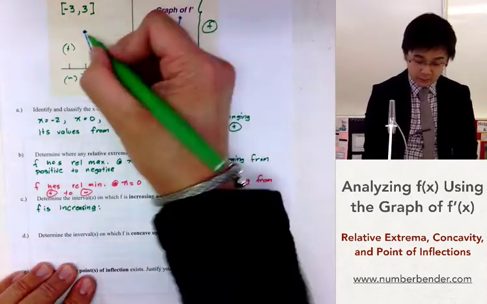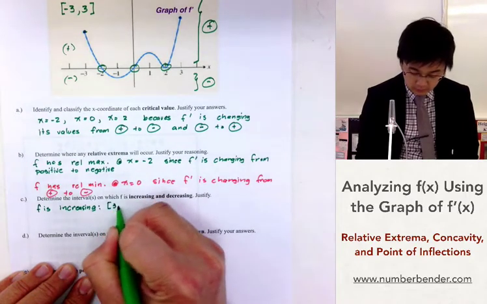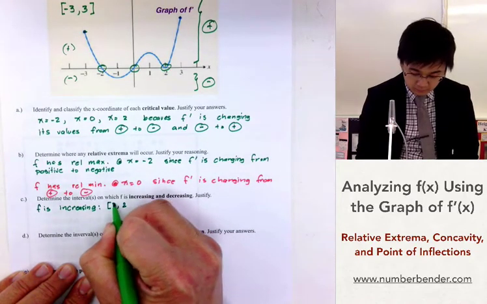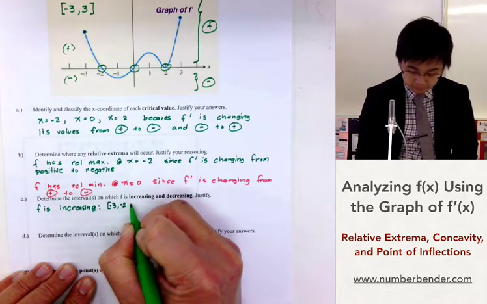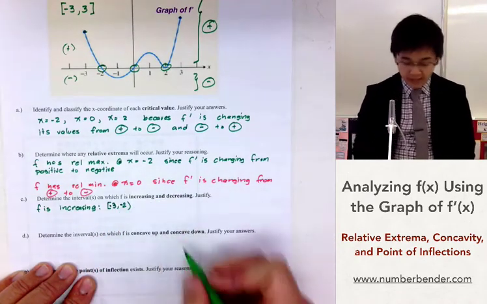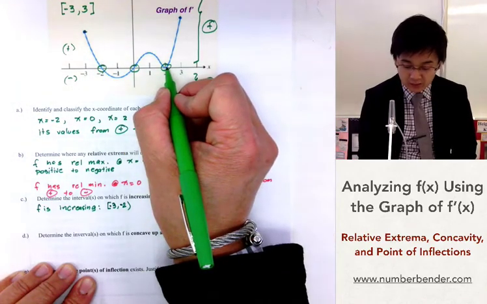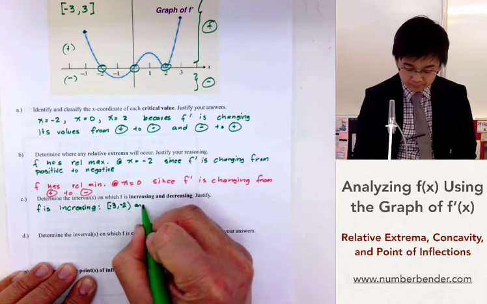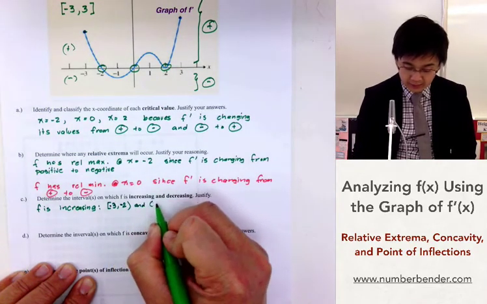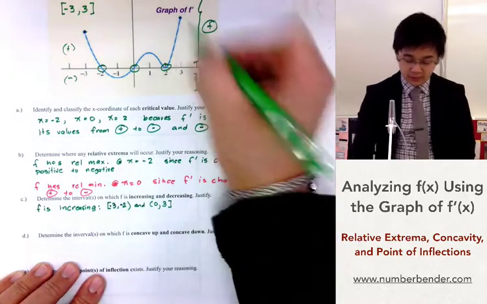First, from -3 to -2, it's positive, closed interval, and from 0 up until 2, but it stayed positive up to 3. So we can say that it's also increasing from 0 up until 3, closed interval, because this is an endpoint.